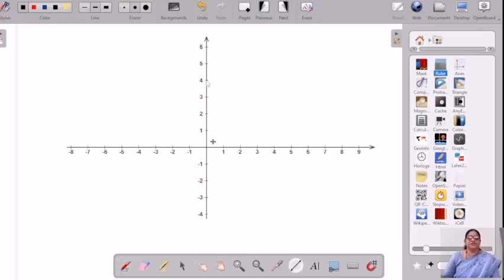Using the application, we will draw the lines. The first line is passing through 4, 4. The second line is passing through the point 8, 3. The third line is passing through the point 3.5 and 5.